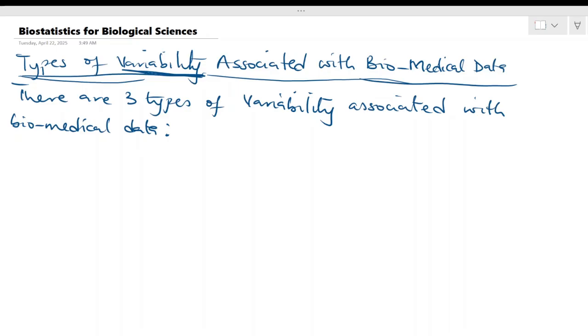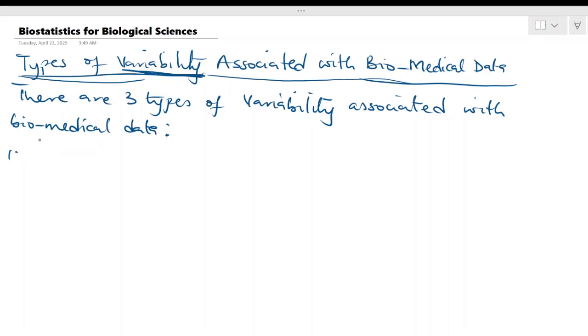And what are they? Number one, we have the natural or random variation. Then two, systematic errors, and three, assignable causes. I just like to list the three types of variability.